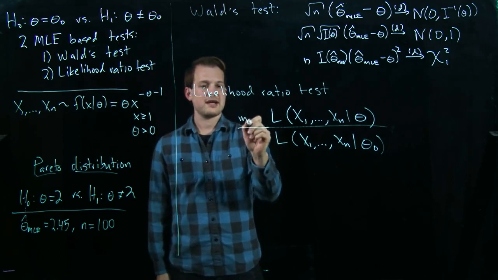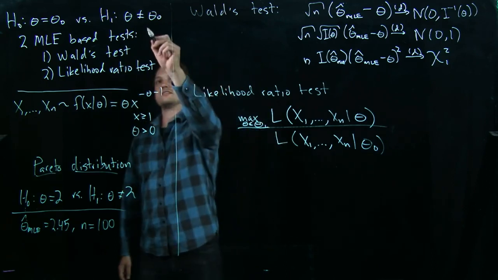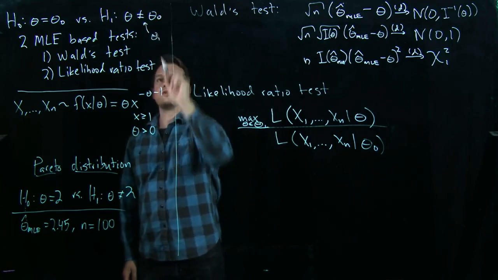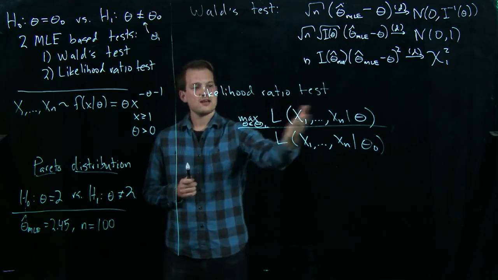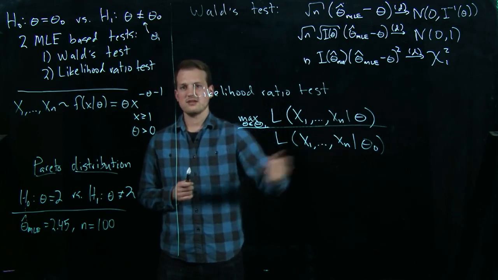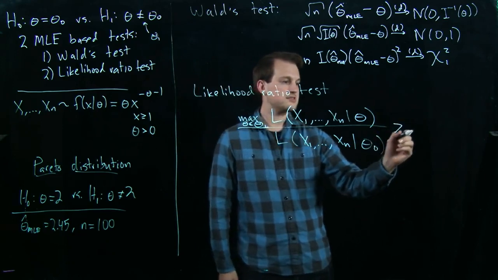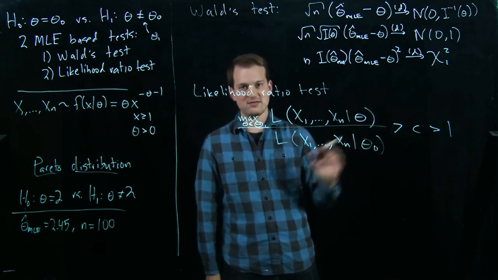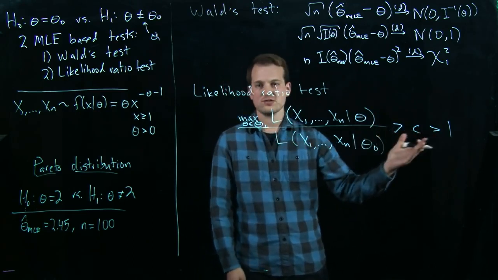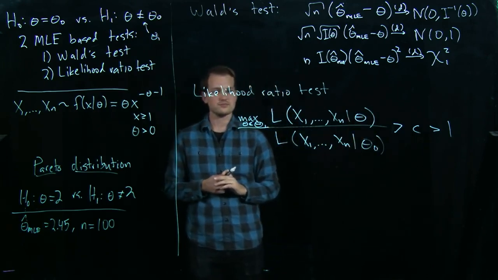So we'll just say that this is the maximum over theta in the alternative set, which we'll call the set theta 1. So this will be our likelihood ratio statistic. And basically when the alternative hypothesis is a lot more likely than the null hypothesis, we want to reject the null hypothesis. In other words, when this is much greater than 1, greater than some constant determined by the significance level of our test, and that constant is of course greater than 1, then we will reject the null in favor of the alternative.